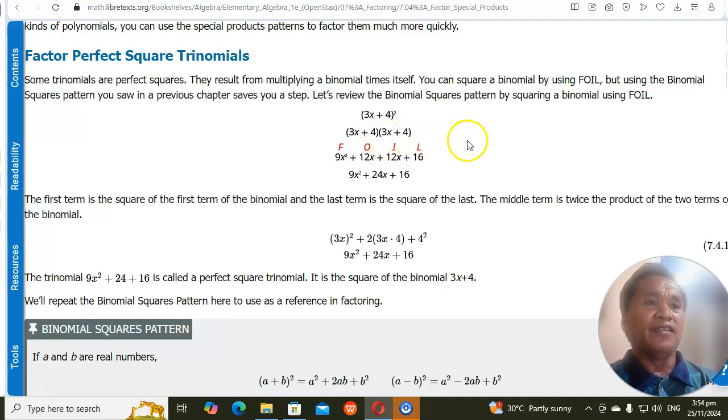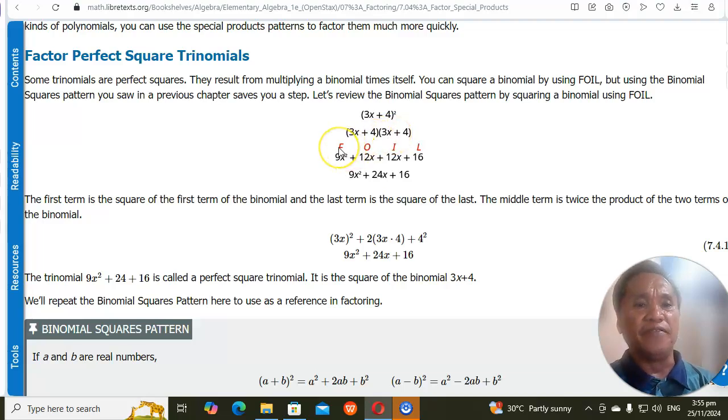Okay. Then, you will now apply the FOIL method. FOIL meaning the first term: you are going to multiply the first term times the first term.